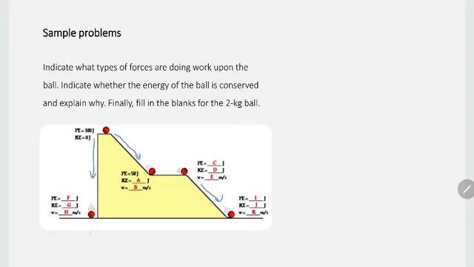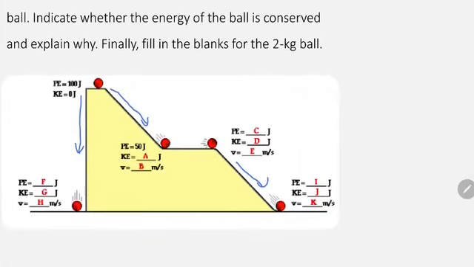So, what are the forces acting on the ball? So, let's assume that friction is negligible. So, syempre, ang kumakabagsak sa kanya dyan ay gravitational force. That's an internal force. So, the energy of the ball should be conserved. The total energy should be conserved. Now, with that information, here is 50 joules.